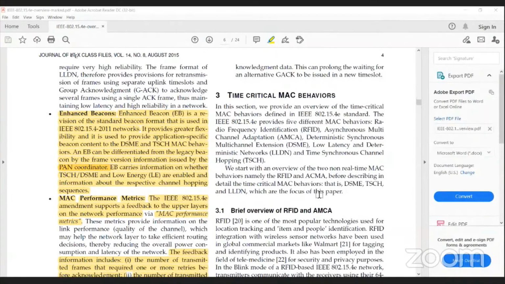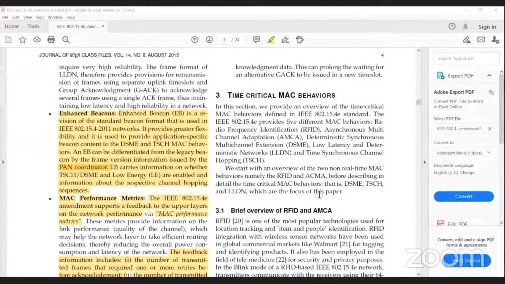Enhanced beacons. Yeah, you had 15.4, you had the beacon enabled superframe structure, but that's insufficient. You have something called enhanced beacons in the 15.4e. The enhanced beacon is a revision of the old beacon that we used to know in the 15.4 world, and this beacon provides great flexibility. Particularly, TSCH MAC behaviors use this extensively.